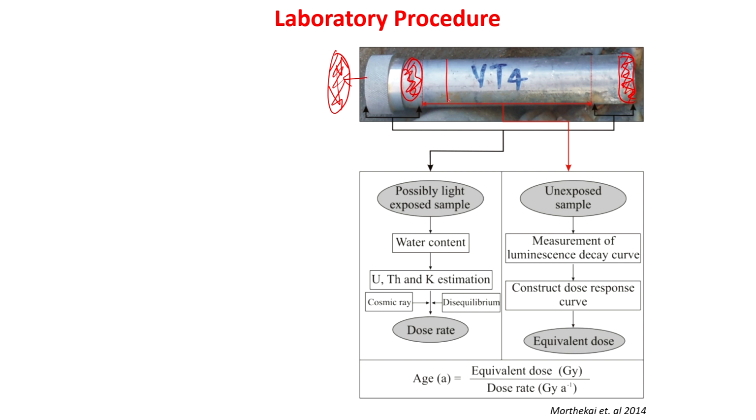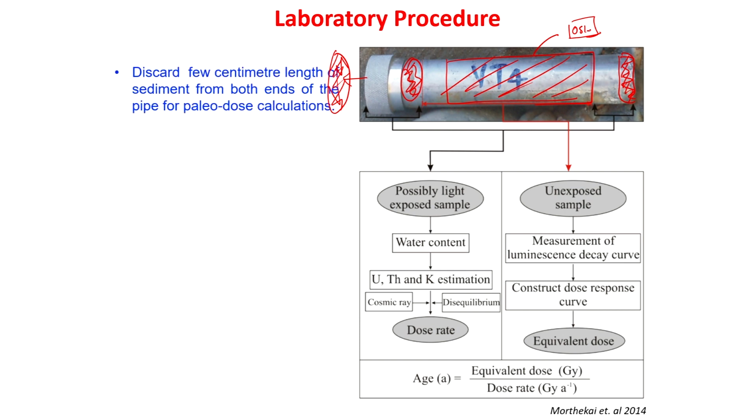The middle part is used for normal processing. So, for OSL dating, mostly we use the central portion of the pipe.